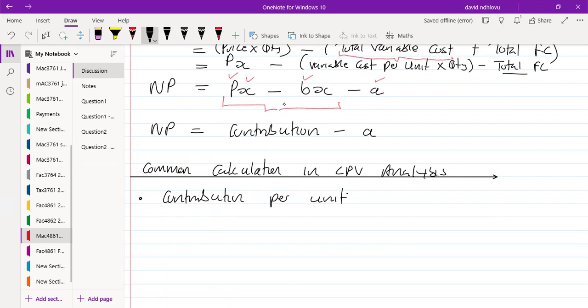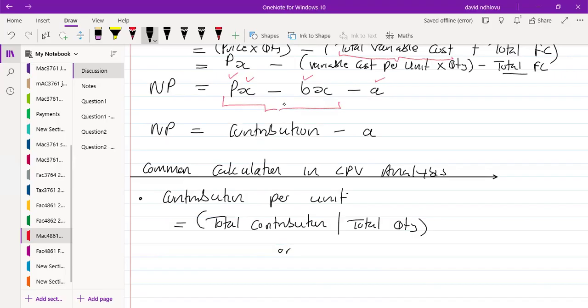Contribution per unit is very important, which we calculate by saying either total contribution divided by output or total quantity. Remember we're talking about quantity sold, then we'll be able to get that. So this is one method.